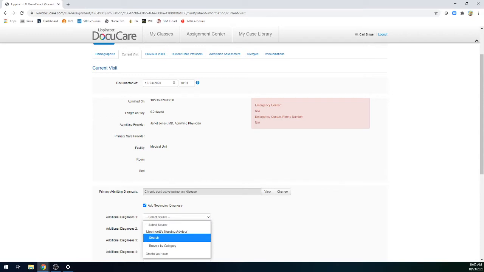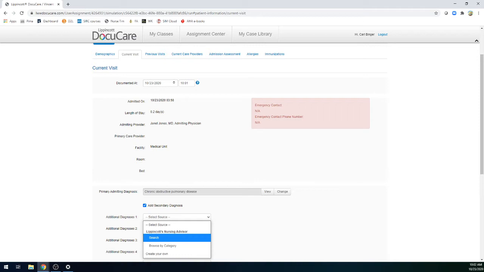You could add, let's say, shortness of breath, tension pneumothorax, because he did have a tension pneumo, so we are admitting him with this tension pneumo.